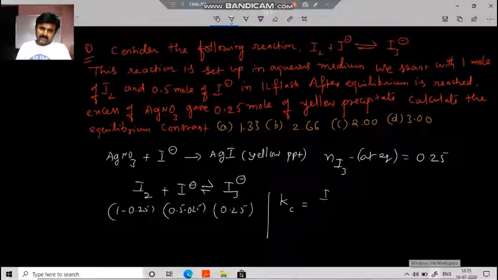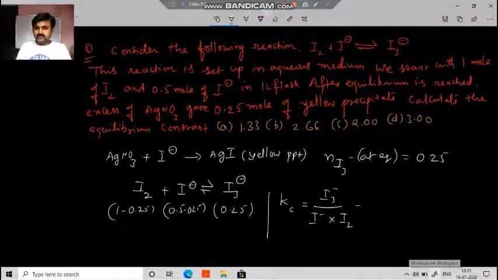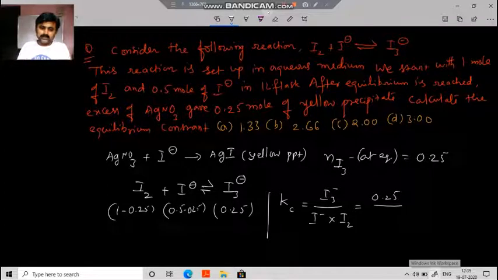It is I3 minus concentration by I minus concentration into I2 concentration. I3 minus concentration we got 0.25, and for 1 liter that is nothing but 0.25. Number of moles is concentration only. Divided by 0.5 minus 0.25. This is 0.25 for I minus, and the I2 value at equilibrium is 0.75.